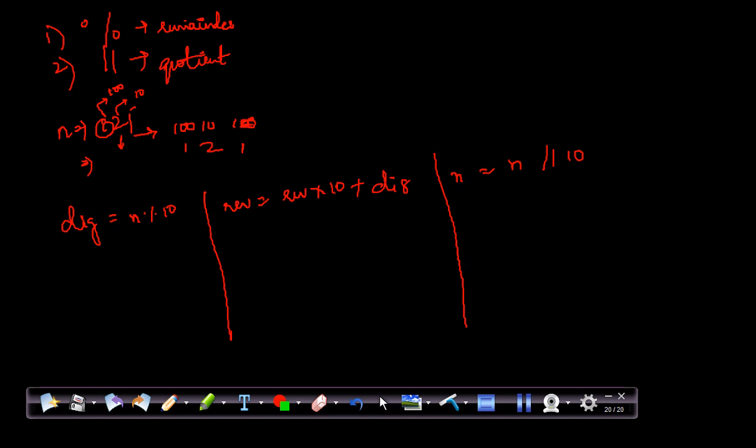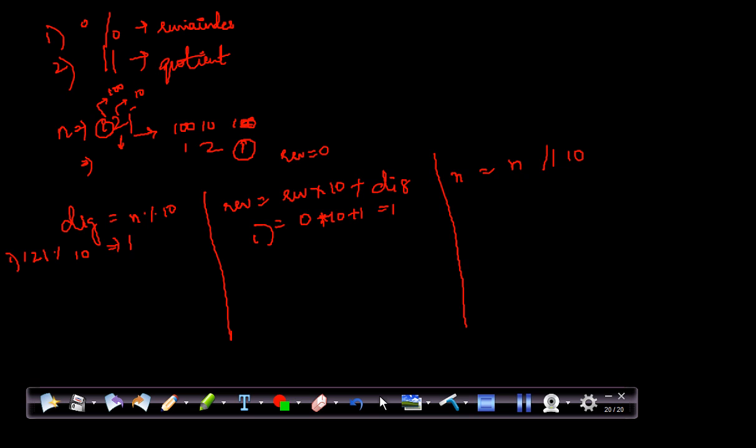What the digit n mod 10 does is that it finds the last digit. So here the example is 121. 121 mod 10 is equal to 1. Let us take initially the reverse of the number as 0.